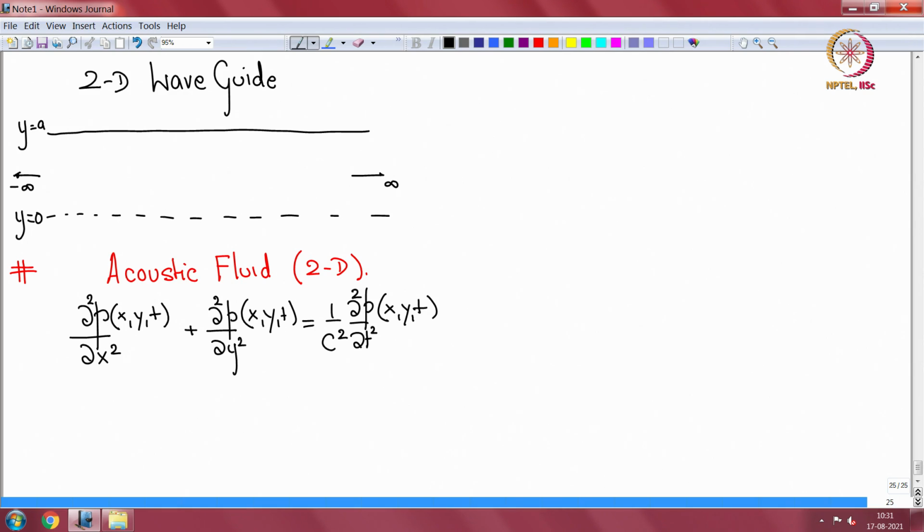Okay. So what is the general solution to this? We are looking at harmonic sound fields. Okay, that was the statement I made right in the beginning.